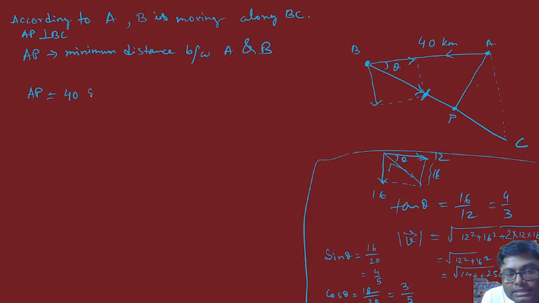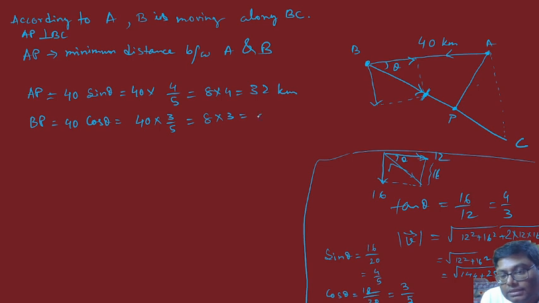AP will be 40 sin theta, equal to 40 into 4 by 5, 8 into 4, which is 32 kilometers. Similarly, what is the value of BP? BP is equal to 40 cos theta, 40 into 3 by 5, which is 8 into 3, 24 kilometers.